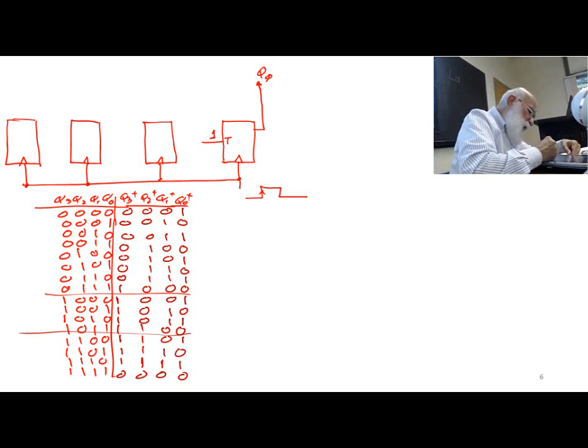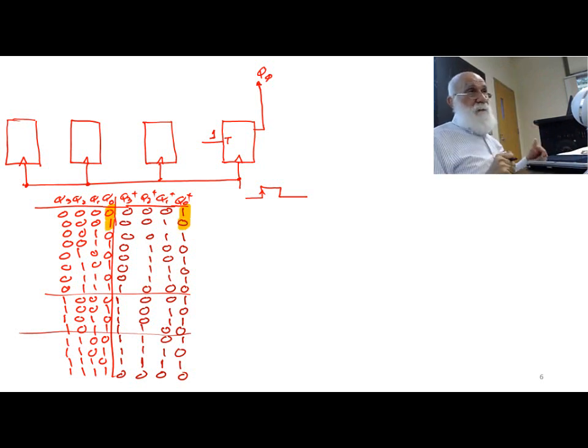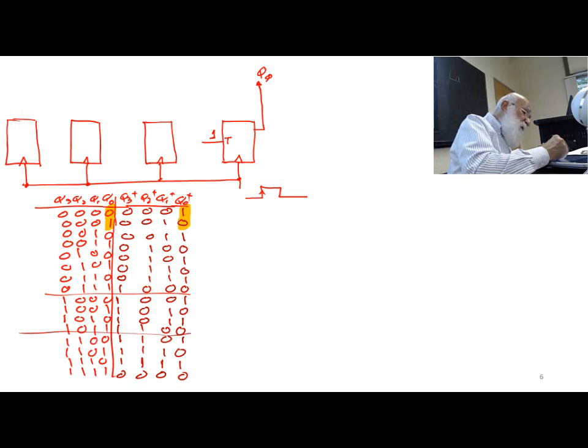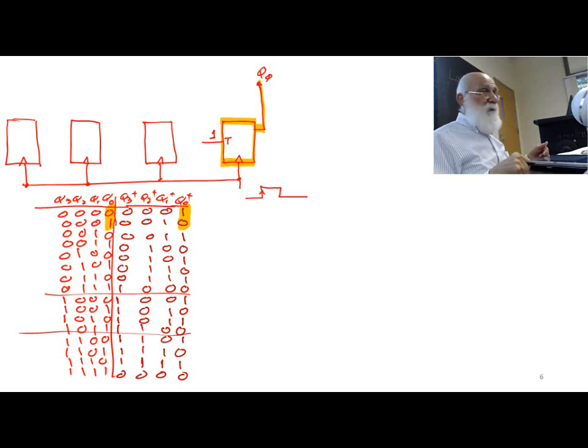For every count, Q0 to Q0 plus toggles. See? 0 becomes 1. 1 becomes 0. So it's easy. It just toggles. Okay? That's why when I put the clock in there, this will do the job for my Q0.